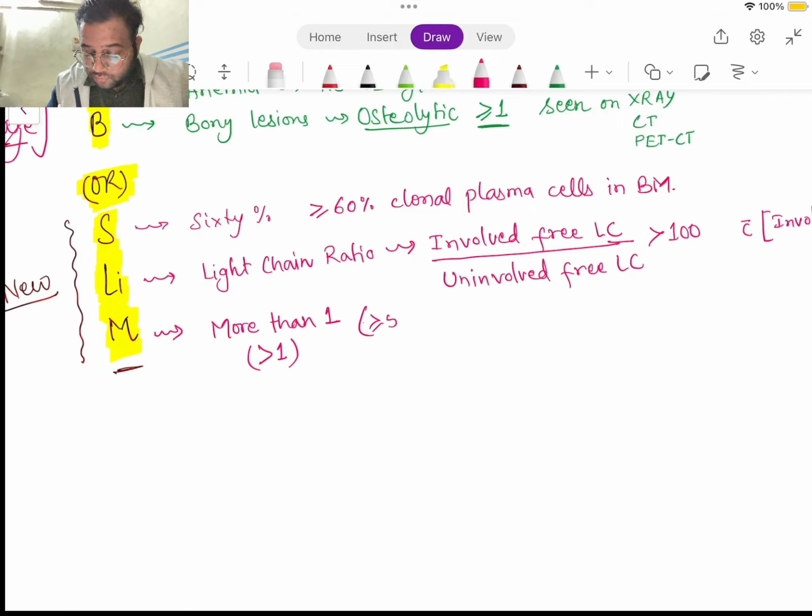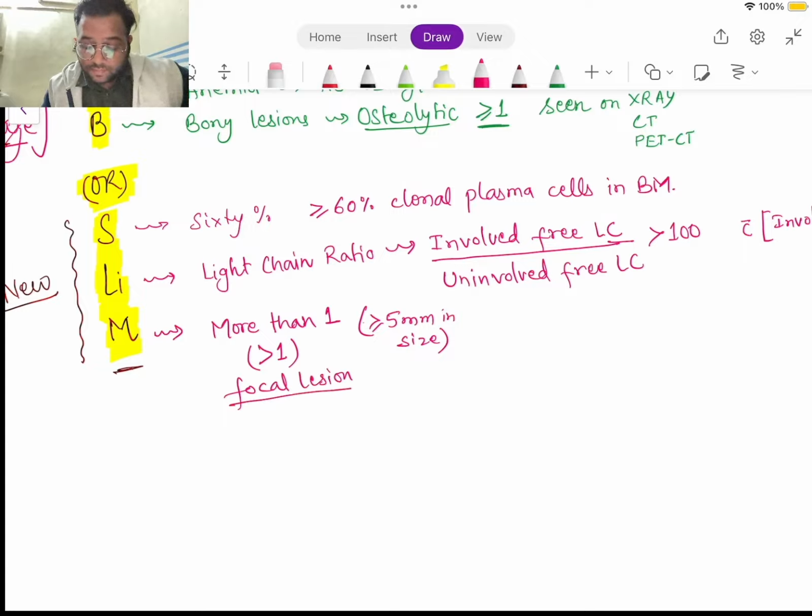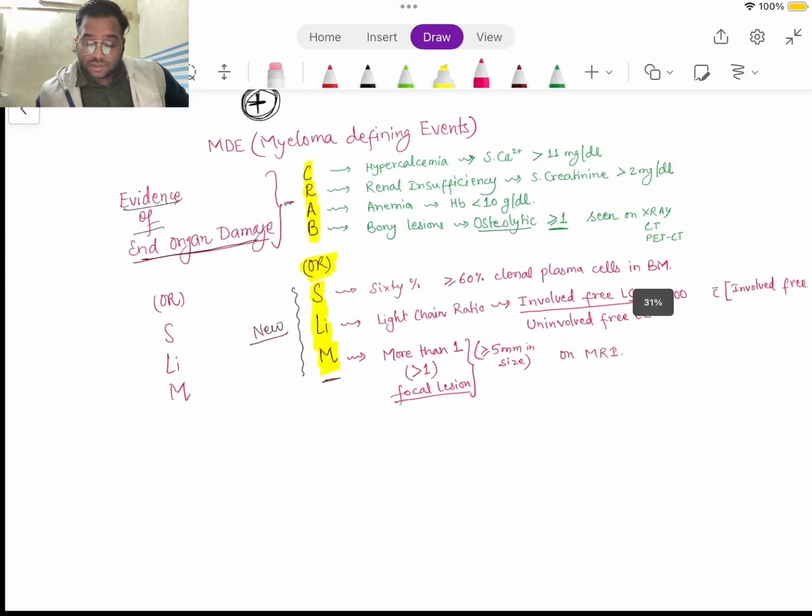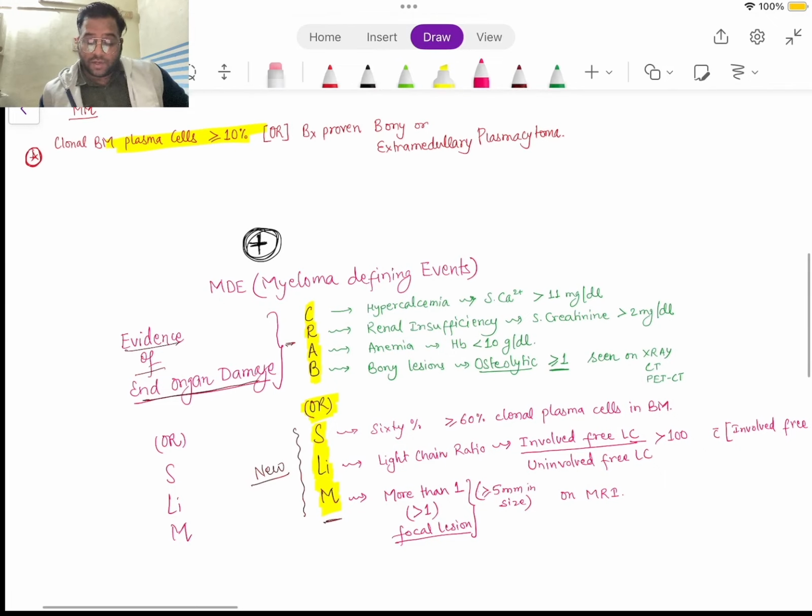Each should be more than or equal to 5 mm in size, which is seen on MRI. So this is the whole diagnostic criteria of multiple myeloma, which is given by IMWG.